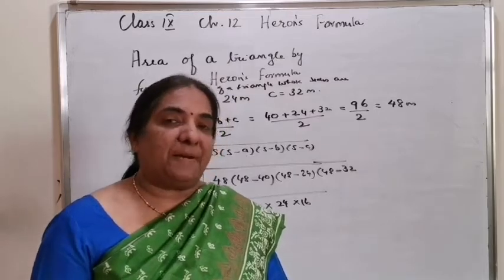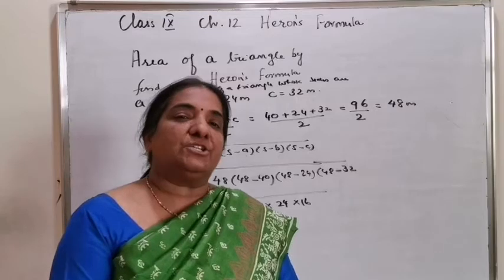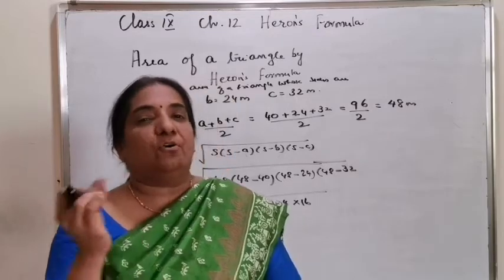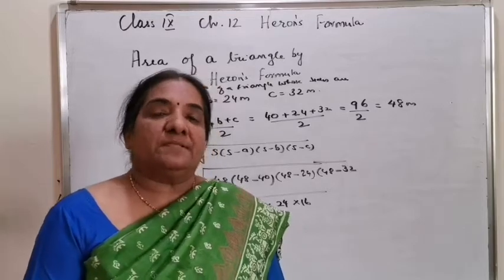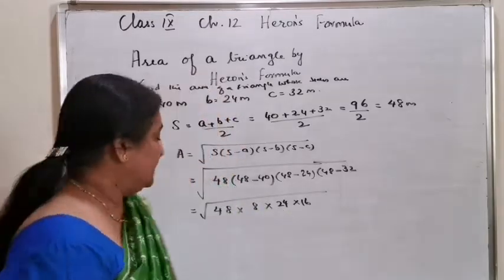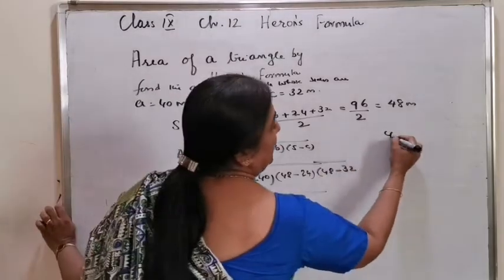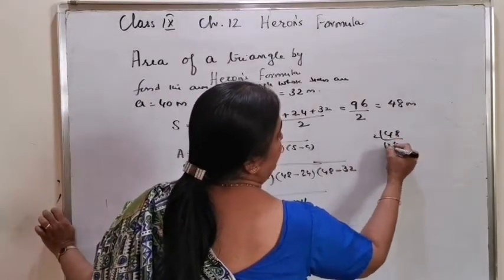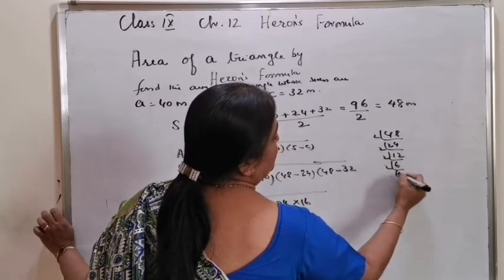Take the prime factors of the number, and for each twin prime, or each two numbers, one factor will be taken as the square root. That is, 48 can be written as, you can do the prime factorization, 24 by 2, 12 by 2, 3, 1.